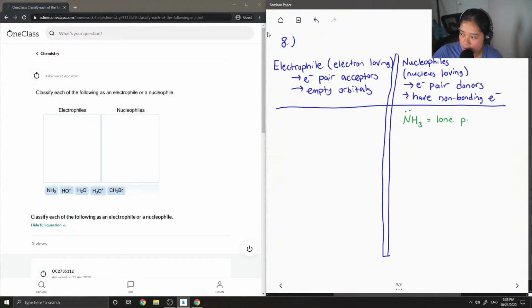So therefore, this is a nucleophile. And then let's look at OH minus. So because it has a negative charge plus a lone pair, it is also a nucleophile. And finally, H2O is also a nucleophile as well.